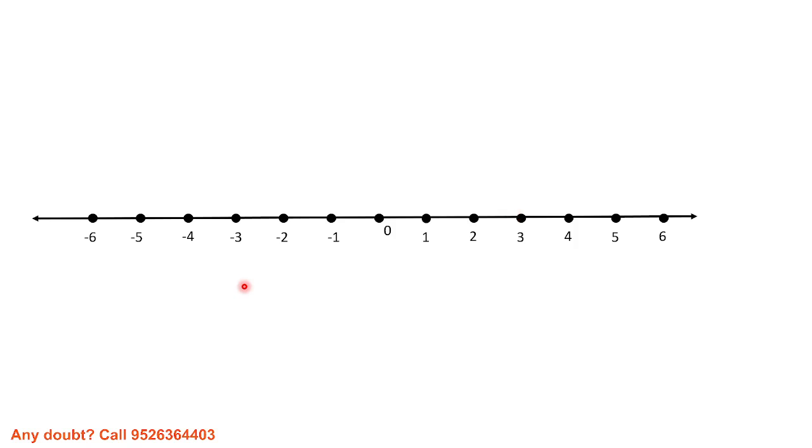Now I am going to draw one more number line vertically. Look at this picture. This point is 0. And on the upper side of 0 we mark the positive numbers like +1, +2, +3, etc., towards the upper side.